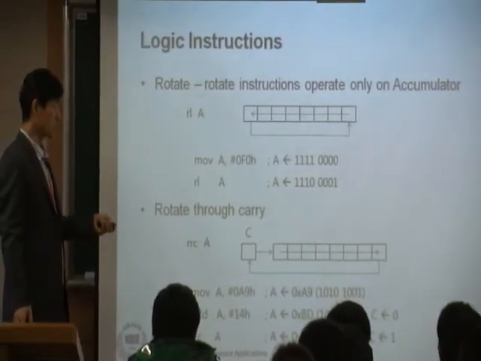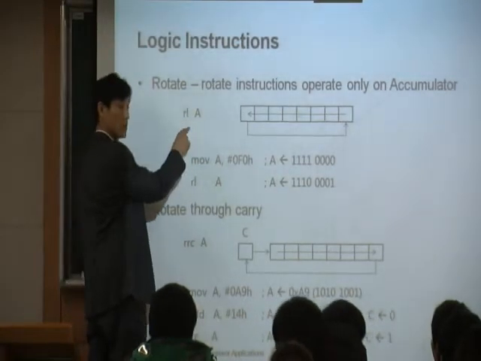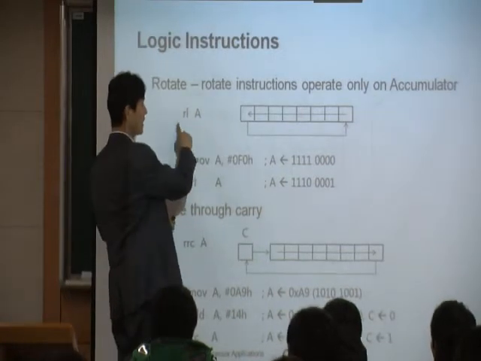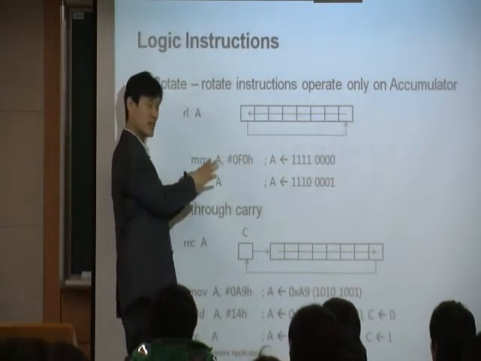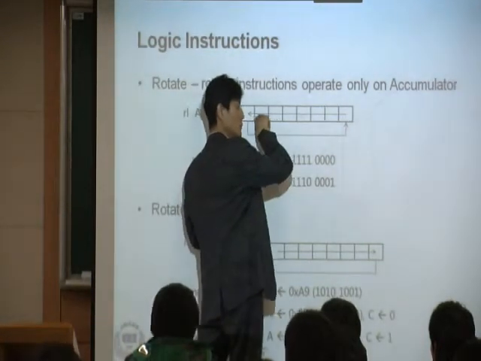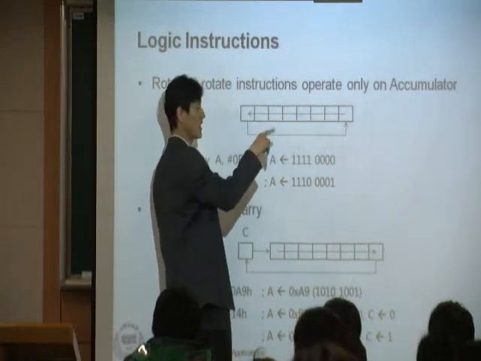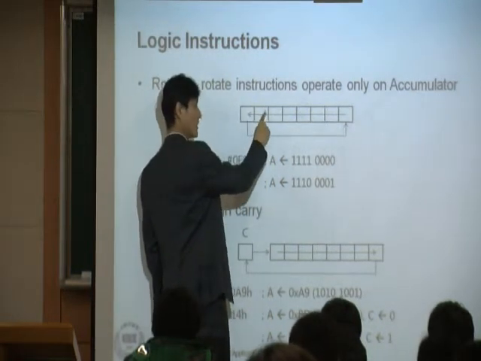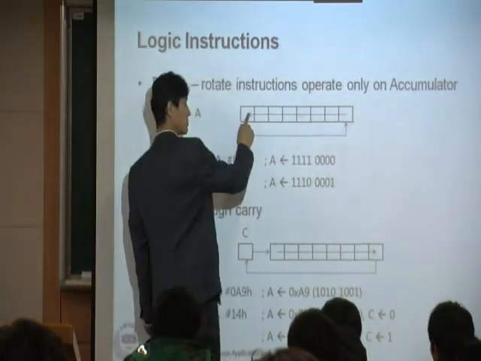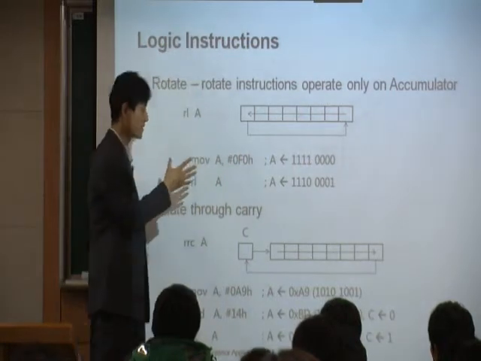When you have RR, it's exactly the same. The only difference is that this one moves in the right direction. This one goes to there, that one goes to the next, and the last one goes back and becomes first. That's RR. Okay, basically the same.